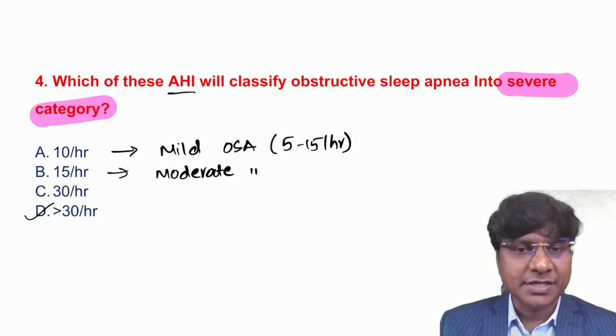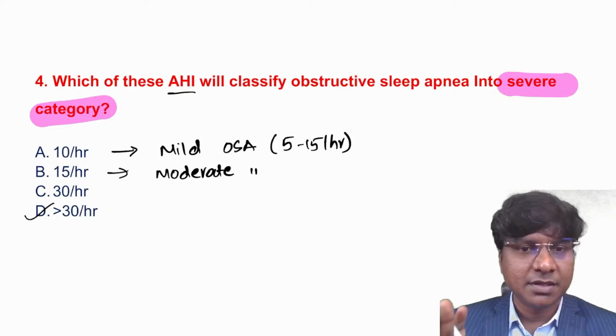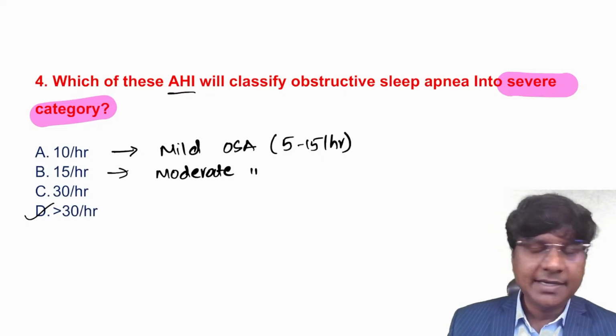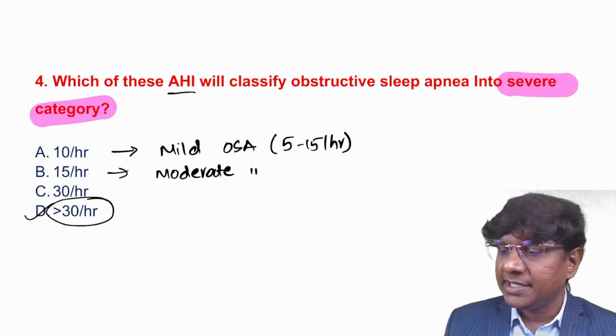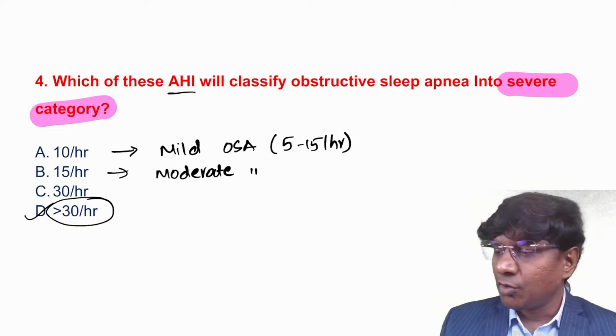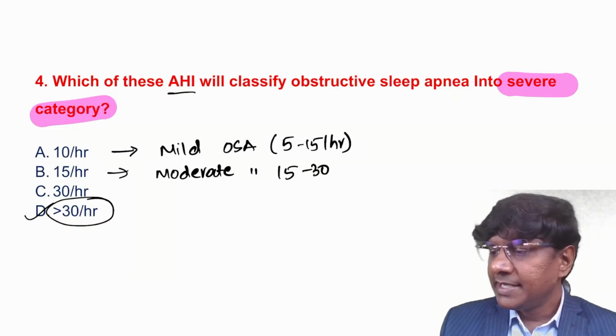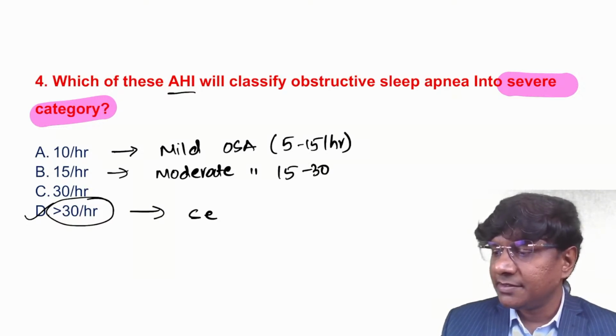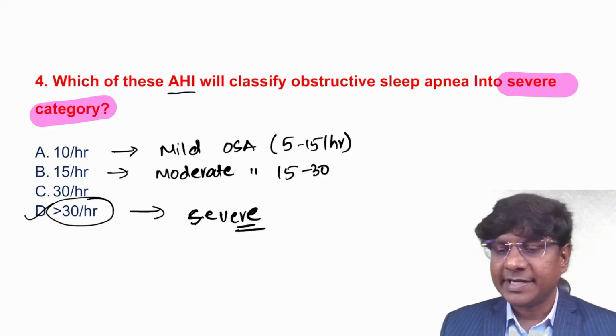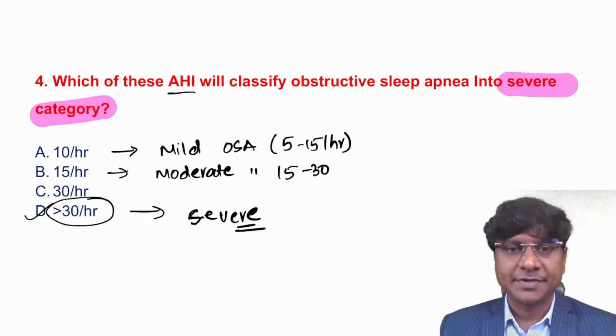Moderate is like 15 to 30, and if it is more than 30, then we consider it as severe obstructive sleep apnea, right?